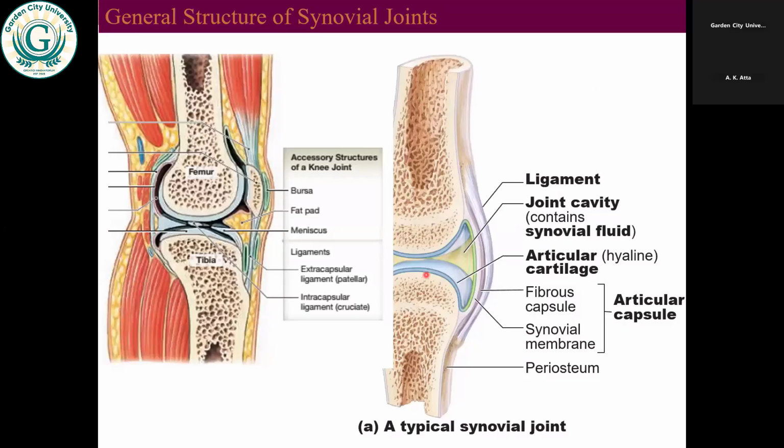Other things that you can have at the synovial joints, in the knee joint, there's something that we call a meniscus. If you ever chewed a cartilage before, then you probably have chewed a meniscus before. Then you have these things that we call bursa. This is a bursa, this is a bursa. It's in front of the patella, so prepatellar bursa.